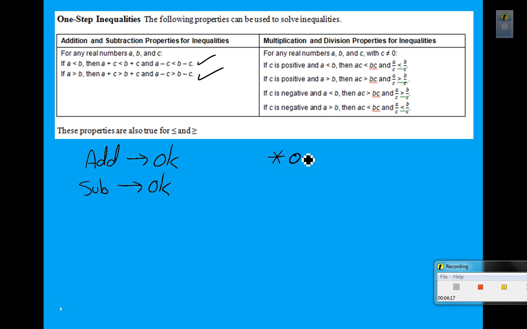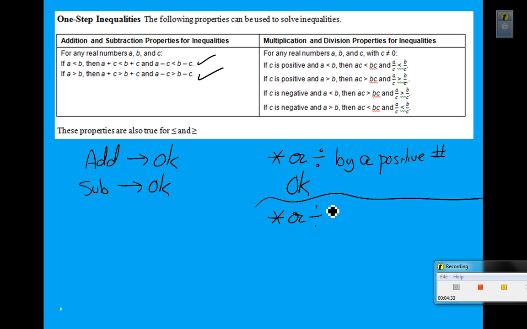If you multiply or divide by a positive number, you don't have to do anything special. But here's the one rule. If you multiply or divide by a negative number, you got to flip the sign. After that, my friends, it should be an easy lesson for you.